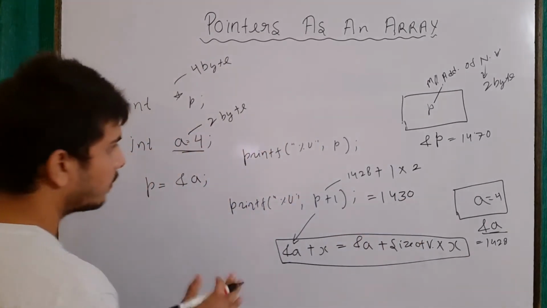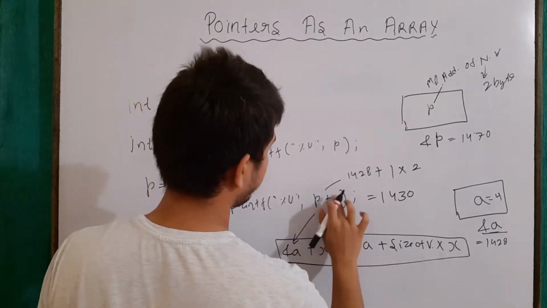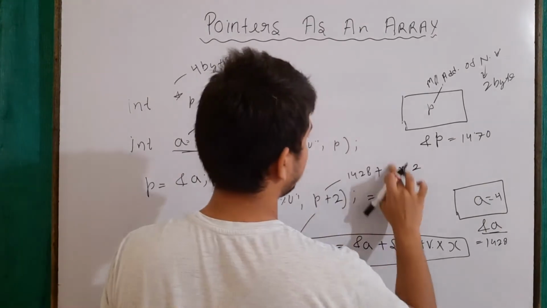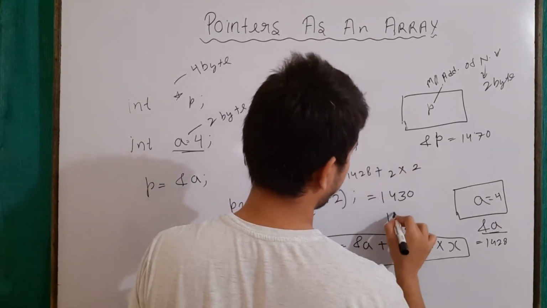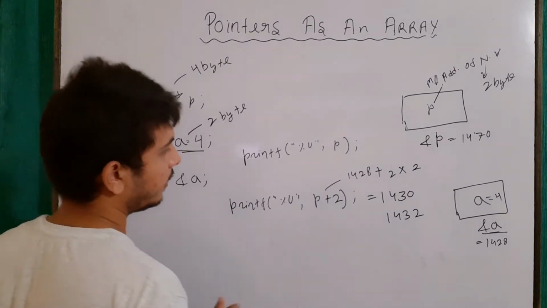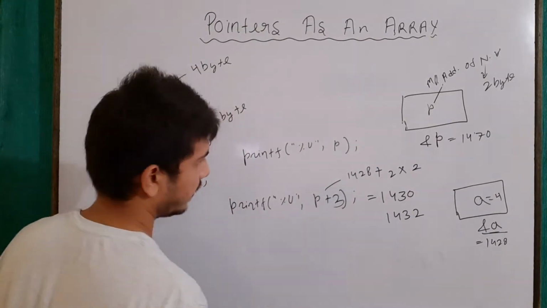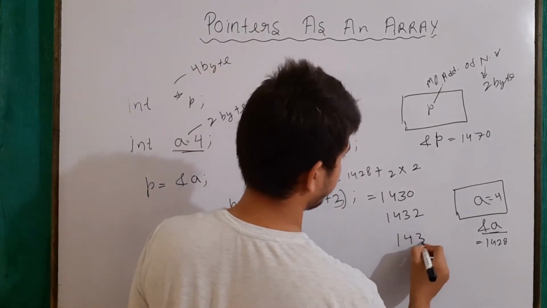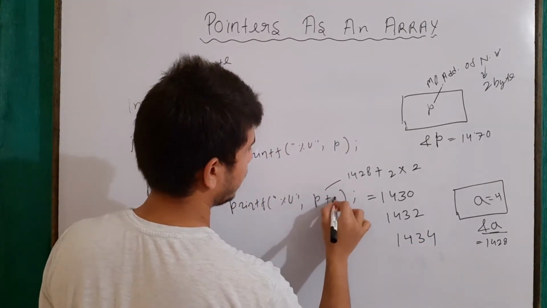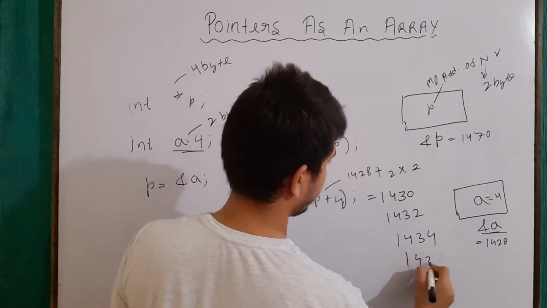Similarly, if I do p plus 2, then it will become 2 into 2 and our output will be 1432. Similarly p plus 3 gives 1434, and p plus 4 gives 1436.